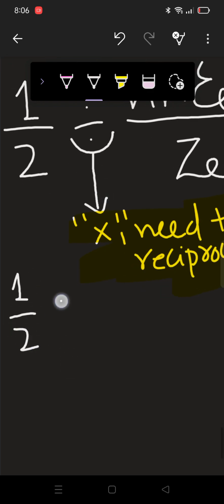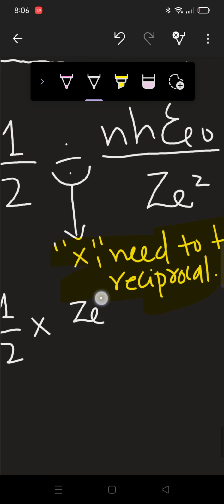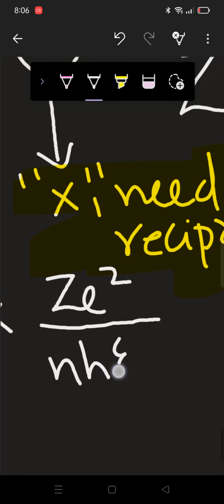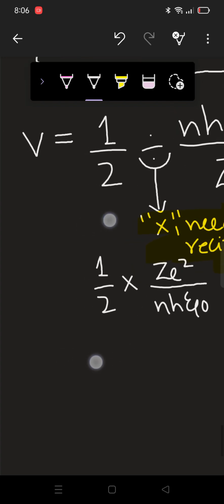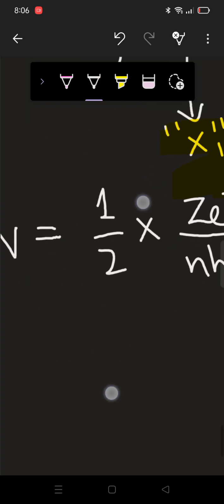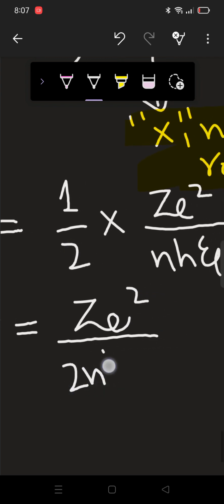1 by 2, now I have converted the sign into multiplication. Now I have to take the reciprocal of this value, z e square upon n h epsilon naught, right. Multiplying these both, we get z e square upon 2 n h epsilon naught, right.